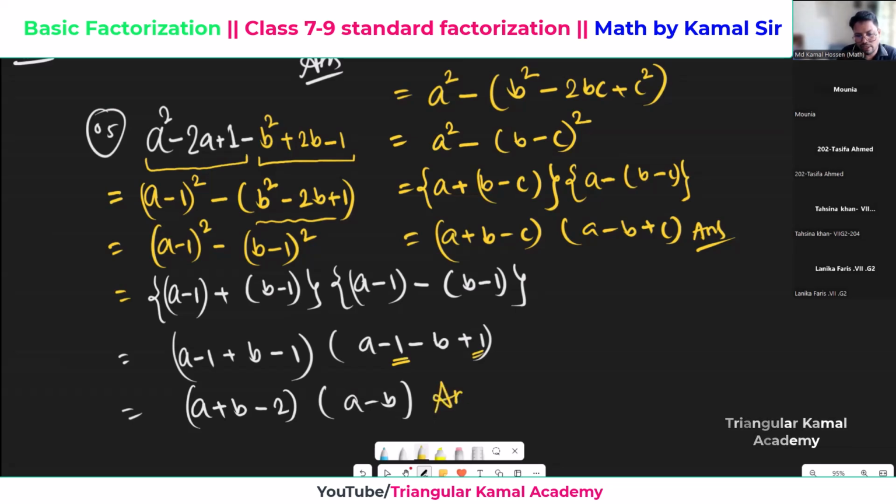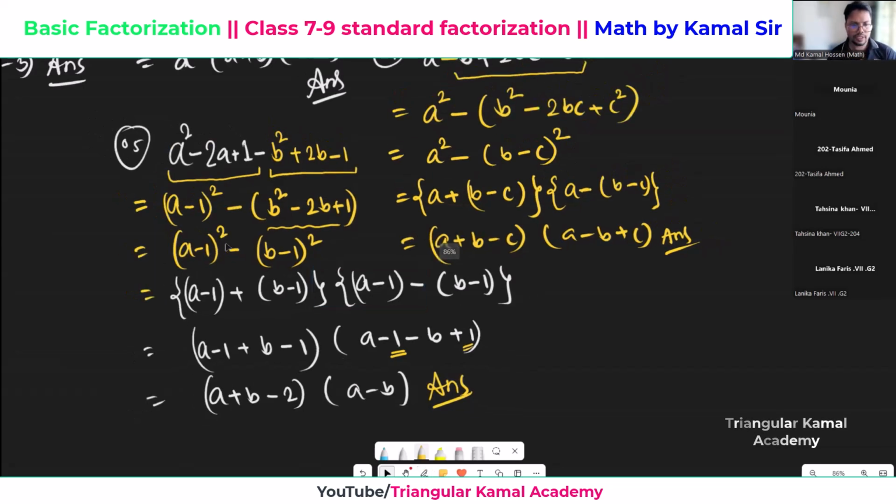So our answer is a minus b and a plus b minus 2. This is advanced factorization by using the a square minus b square formula. So this is the last math using the a square minus b square formula.